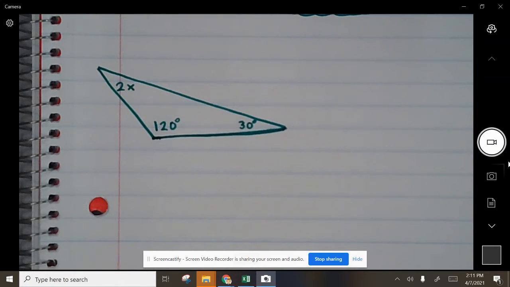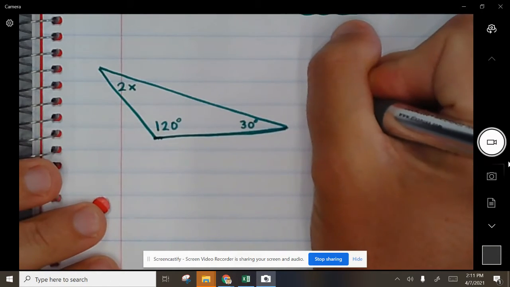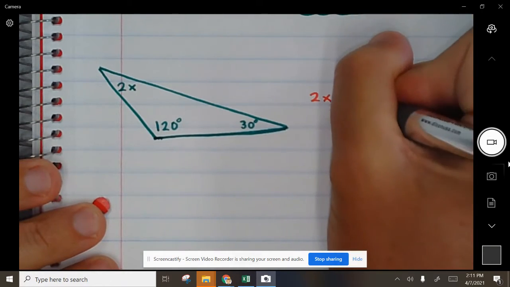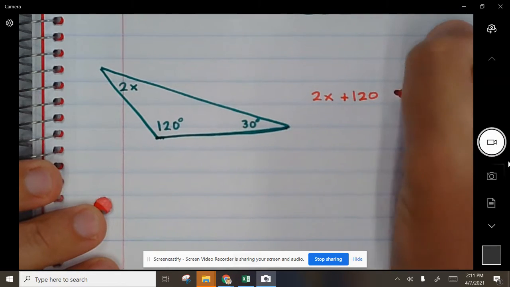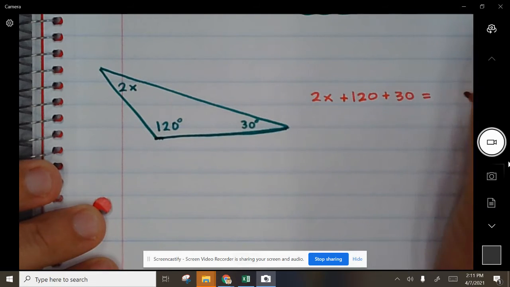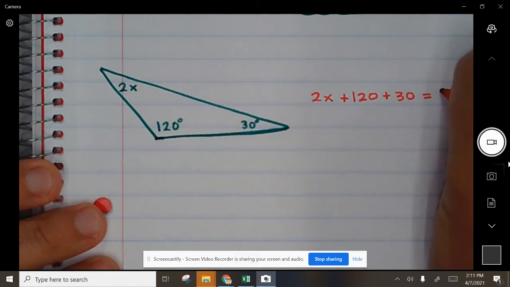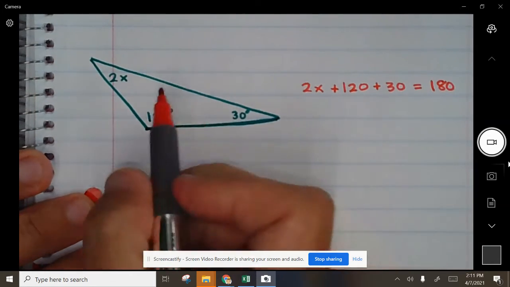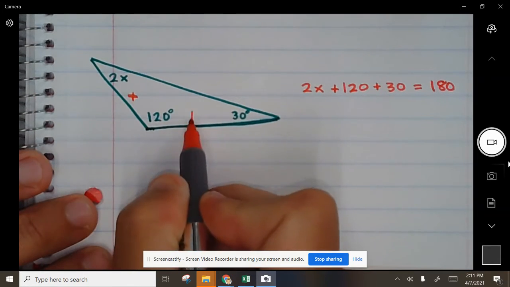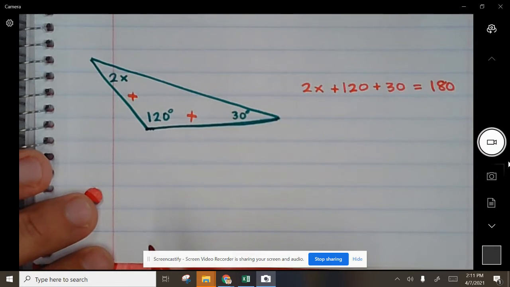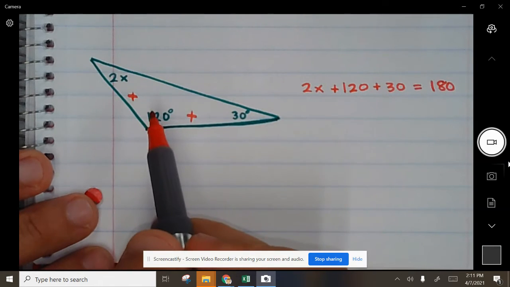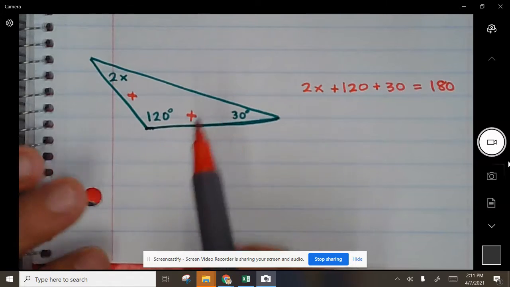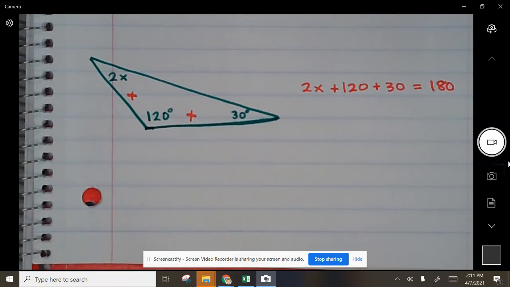What would the equation look like? Would you do 2x plus 120 plus 30 all equals 180? Remember, all of these, if you add them up, they all equal 180. All together, not individually, all together.